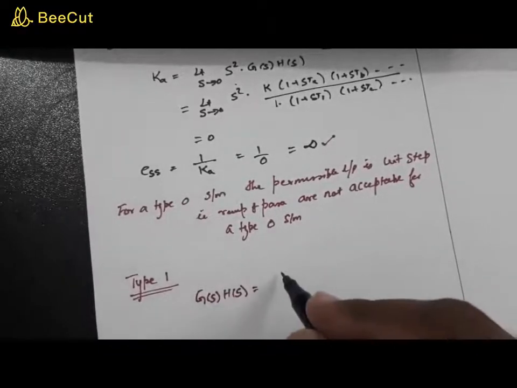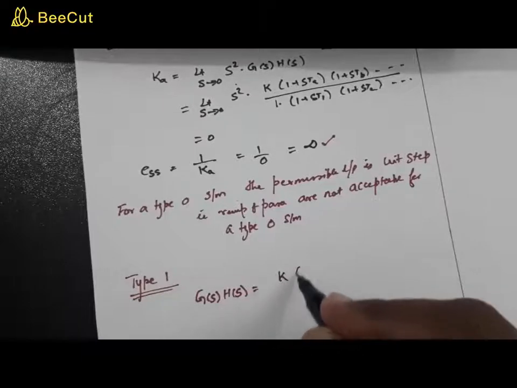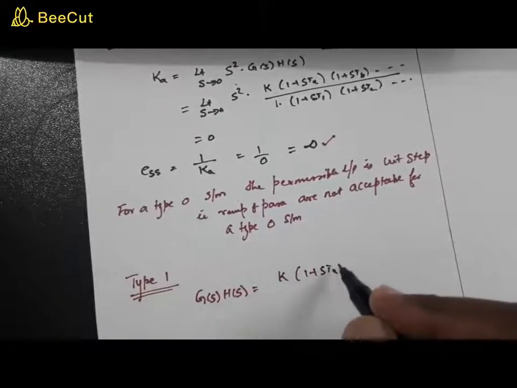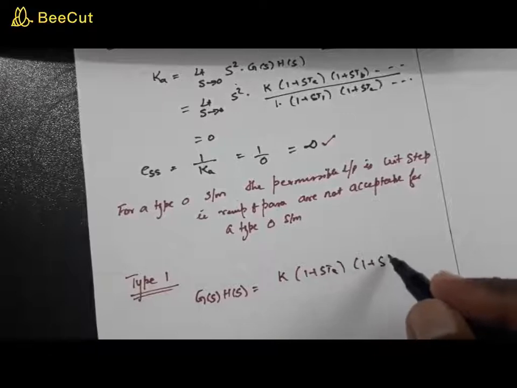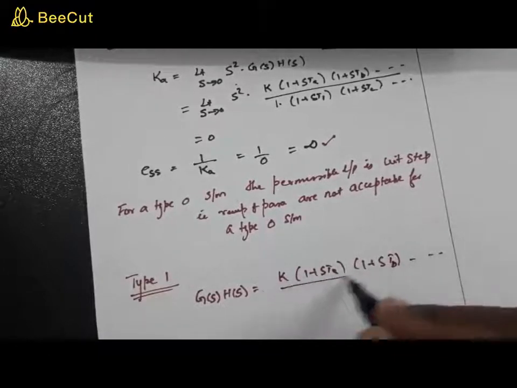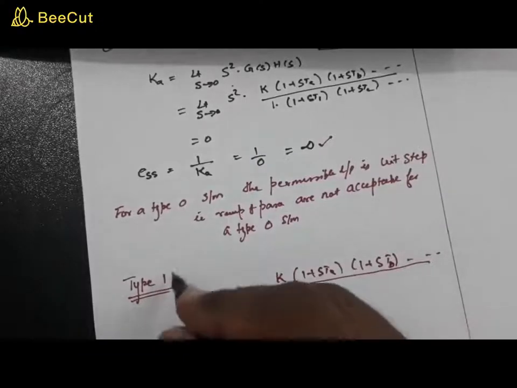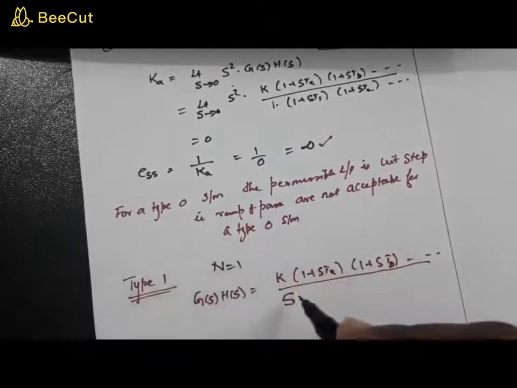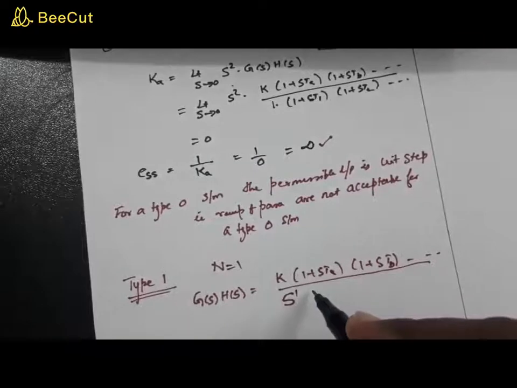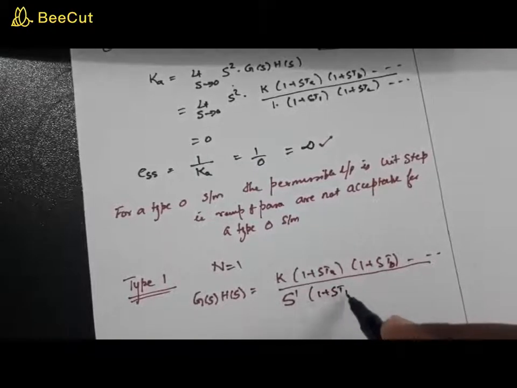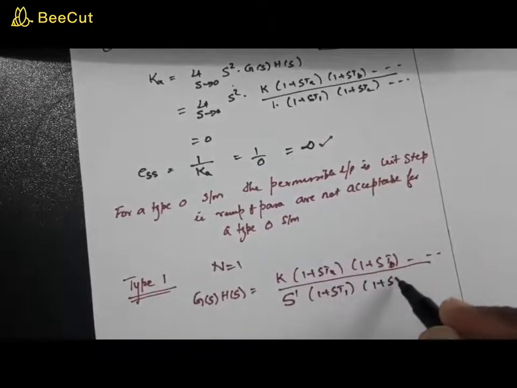GsHs will be K into (1 plus sTa) into (1 plus sTb), etc., divided by s raised to 1. Since it's a type n system, your n is equal to 1. So this is s raised to 1 into (1 plus sT1) into (1 plus sT2), etc.